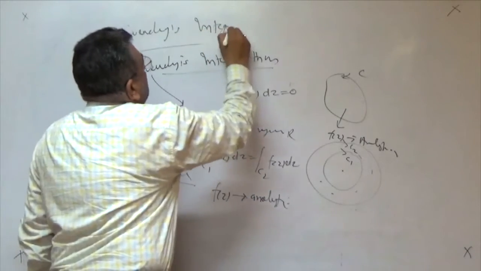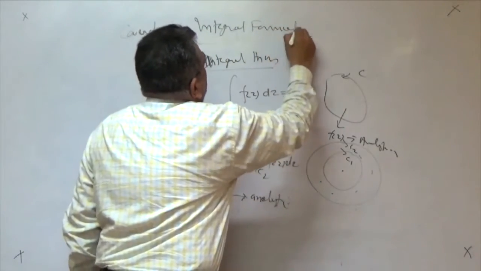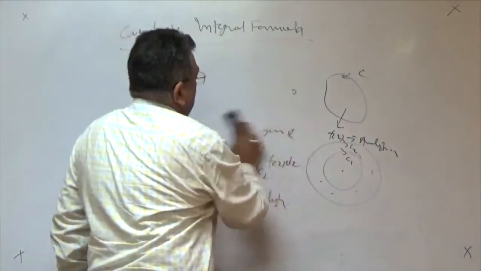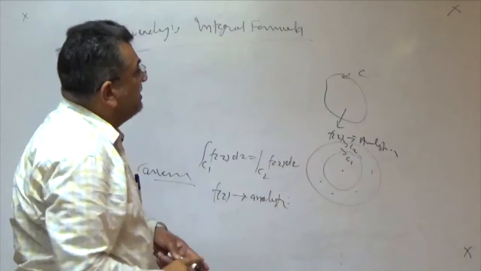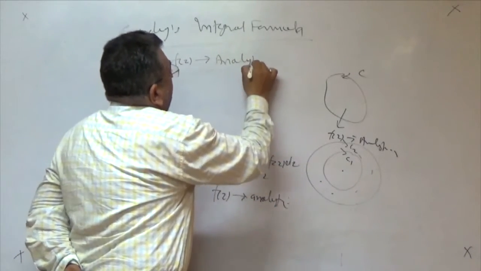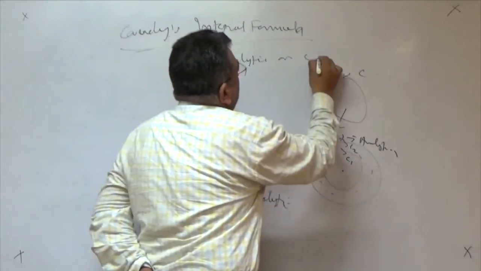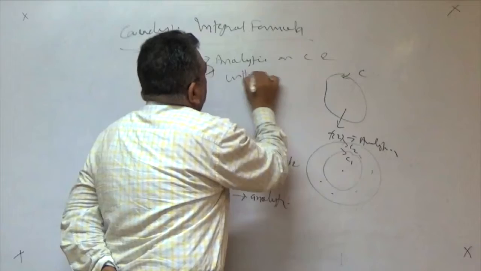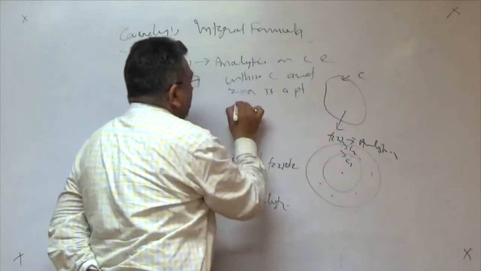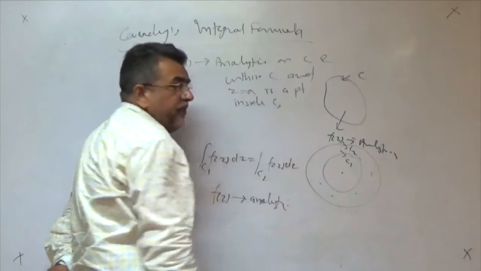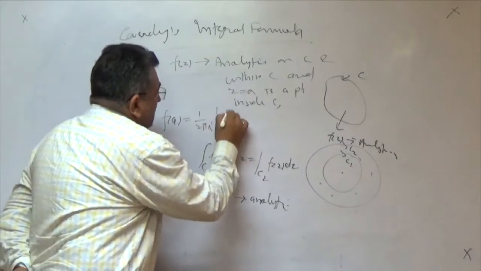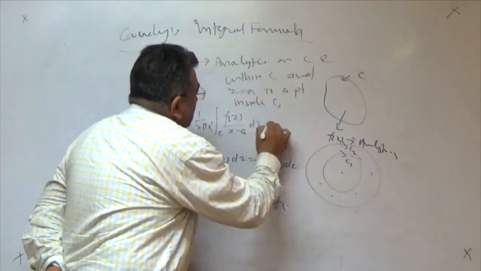I stated on the last lecture: if f(z) is analytic on C and within C, and z equal to a is a point inside C, then f(a) is equal to 1 upon 2 pi i, integral over C of f(z) upon z minus a, dz.